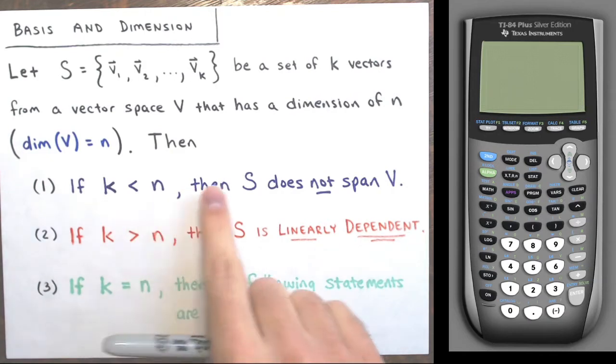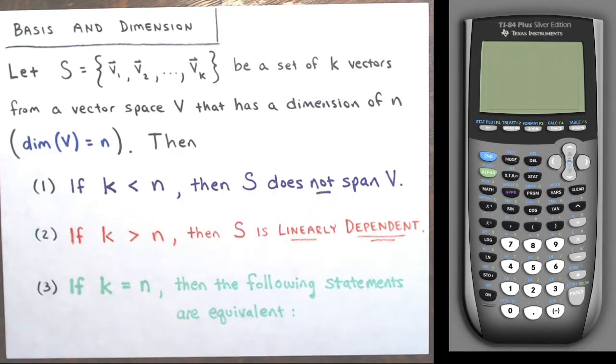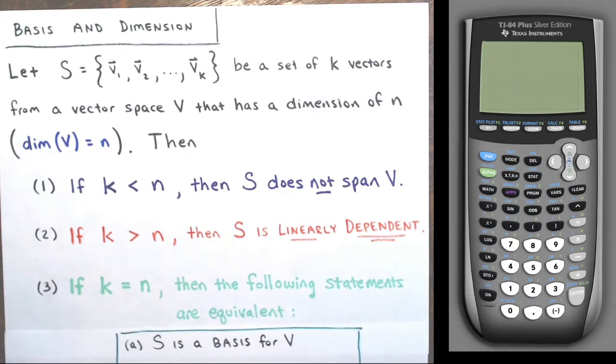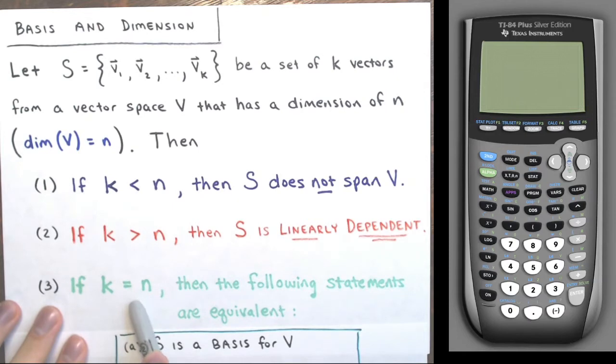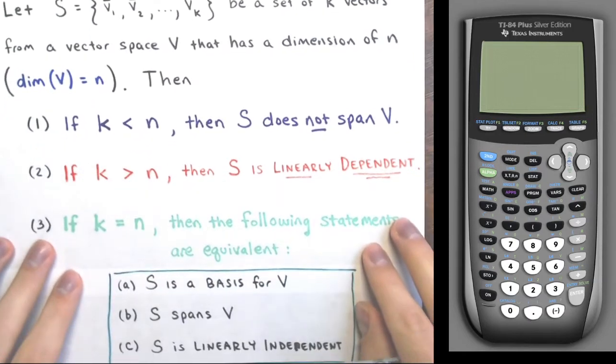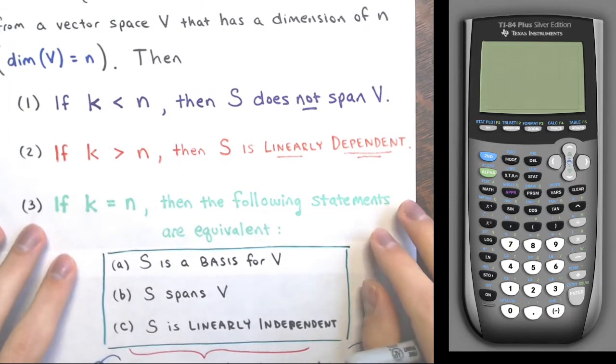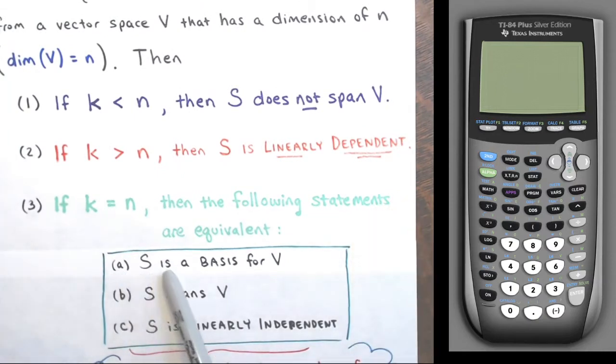You can't just immediately say, like in cases 1 and 2, that it's not a basis. Well, if k equals n, then the following statements are equivalent, meaning they'll have the same meaning. So A, S is a basis for V, B, S spans V, and C, S is linearly independent.